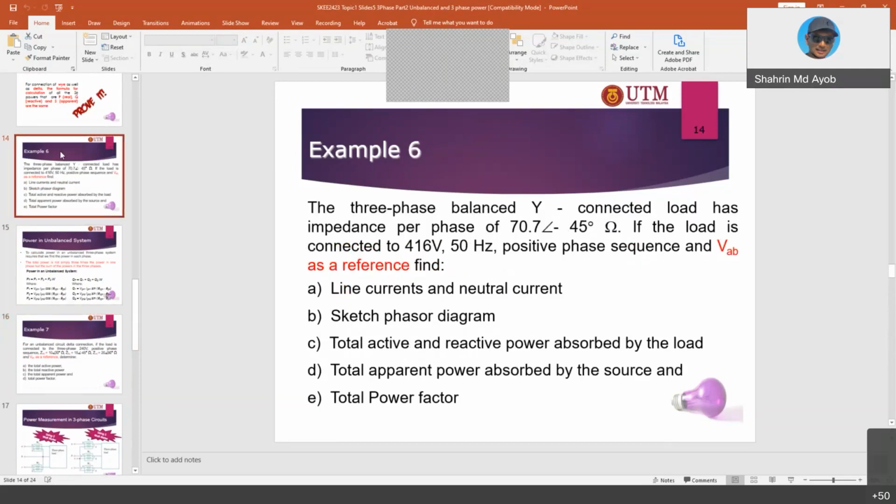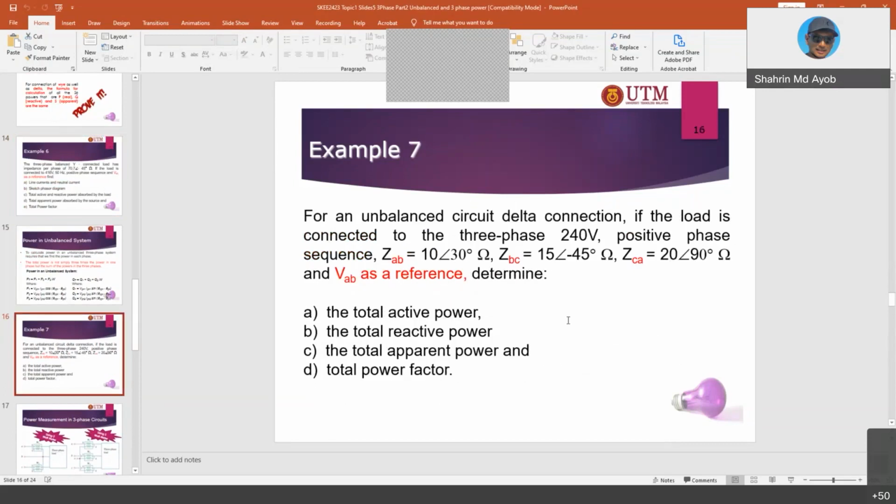Okay, so I will give you one example. Because for example 7 we don't have the answer, right? So I will give you one example from the textbook, because the textbook has the answer, meaning that the methods and so on, you can double check, kan.